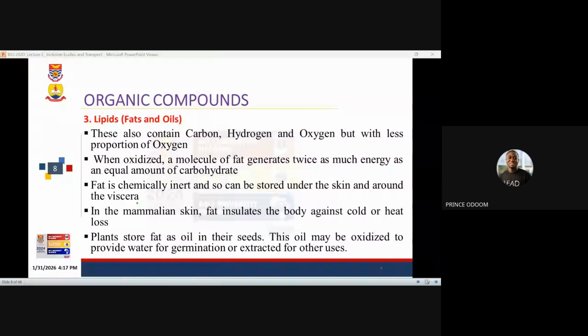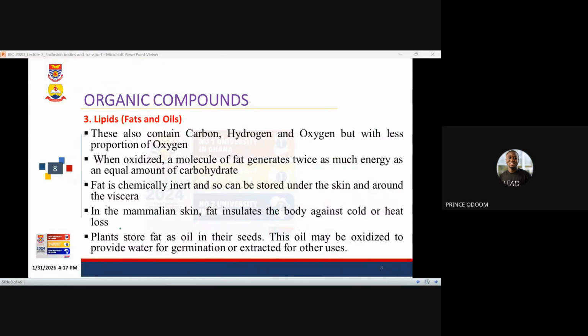There are some animals whose fats are highly saturated, and some animals whose fats are not so saturated. You can read further on that. So they insulate the body against cold or heat, as I rightly said.